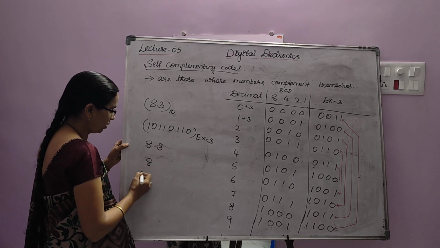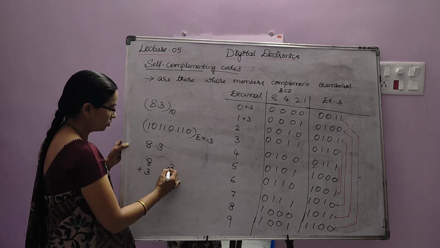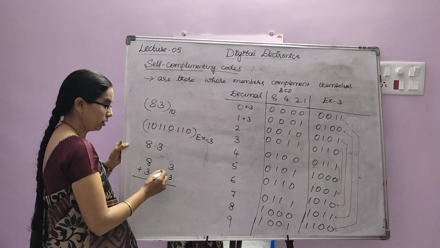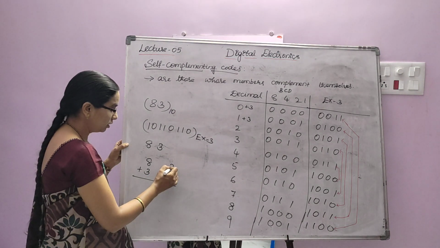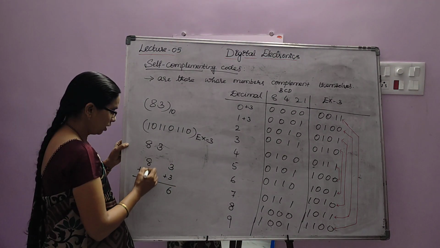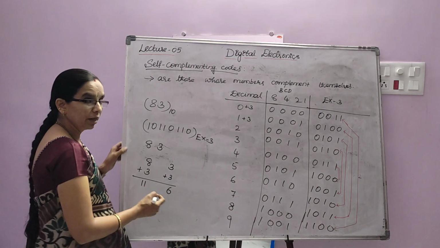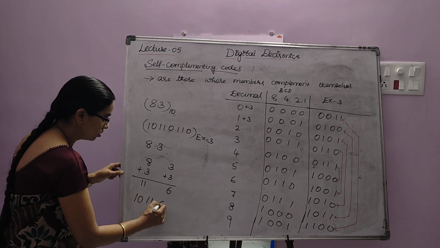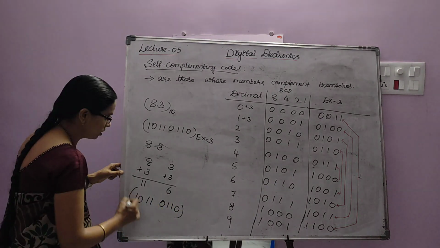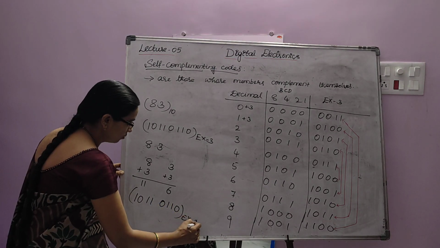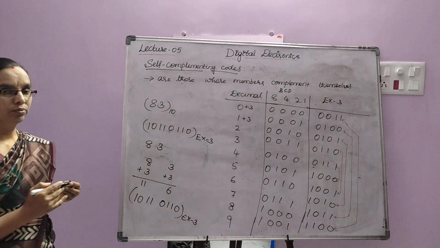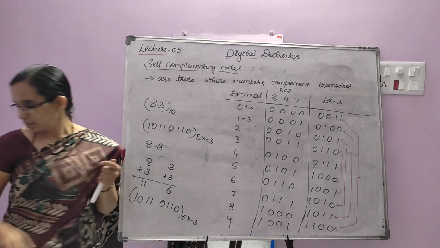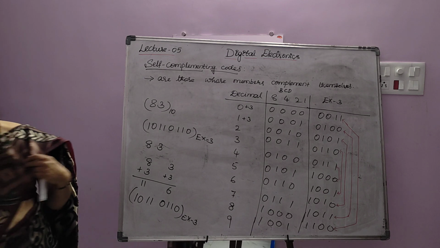For 83, for each decimal digit in the given number you should add 3. 8 plus 3 is 11. 3 plus 3 is 6. Write the binary equivalent of that. 1011 0110 is the excess-3 equivalent of 83. Okay. I will give one more example.